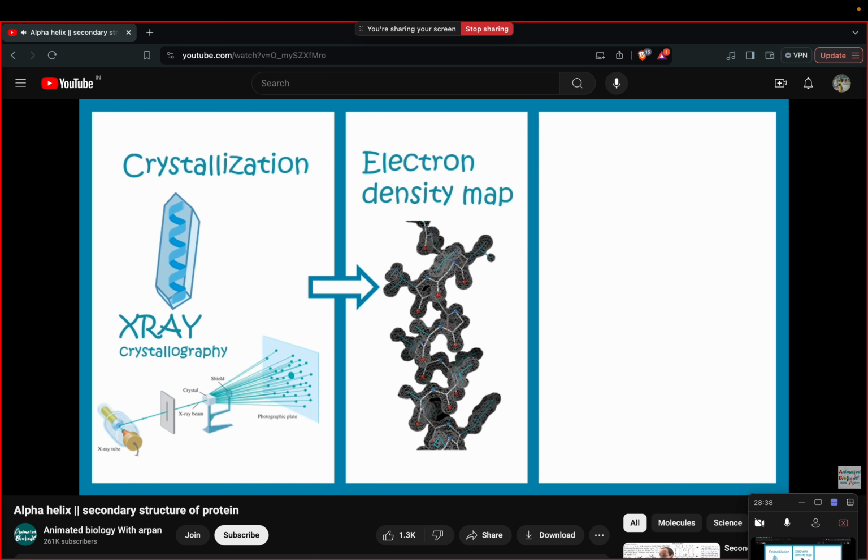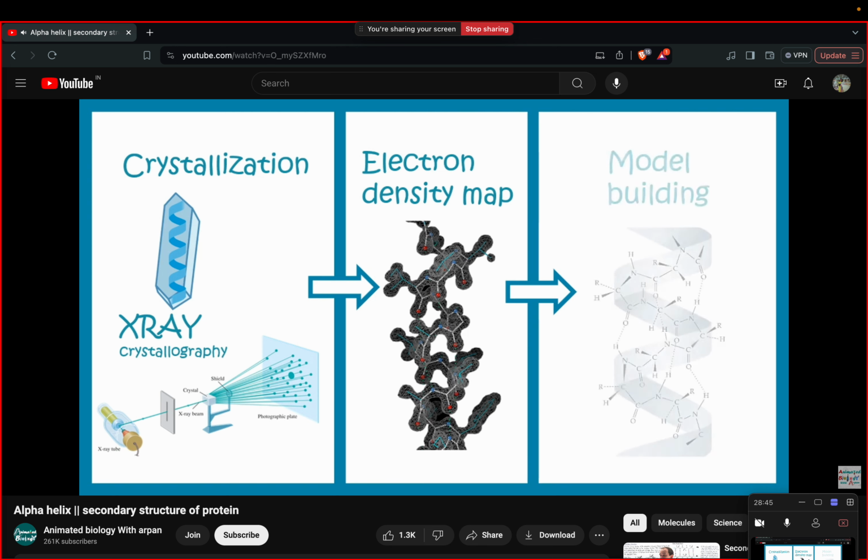Once we get the electron density map, it's like the overall outline of a puzzle, and we have to fit our molecule of interest and start building a model of it. Ultimately that model gives rise to the protein structure or the structure of any molecule. So this is the overall workflow of X-ray crystallography, by which we can understand the protein structure. If you want to know more about X-ray crystallography, click the link in the I button.